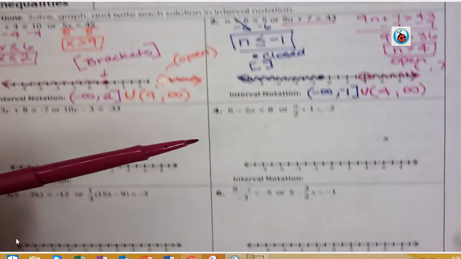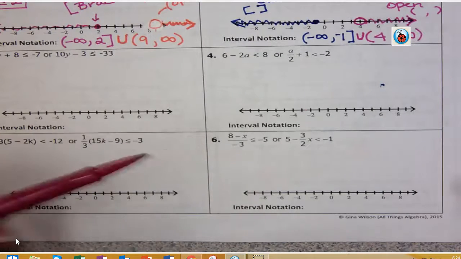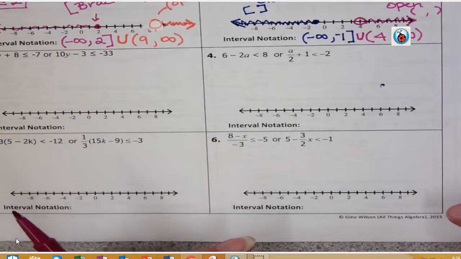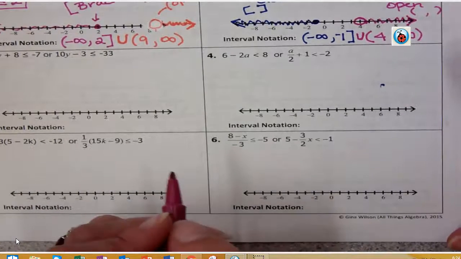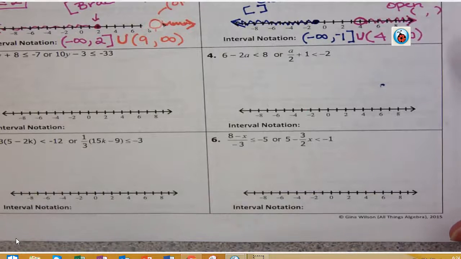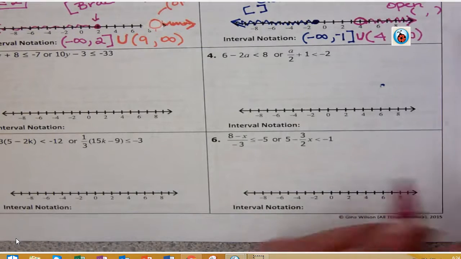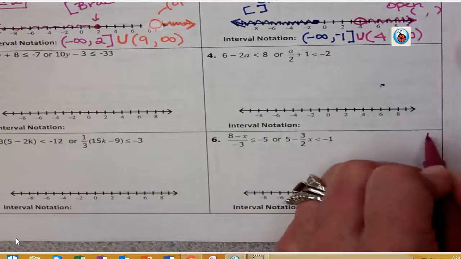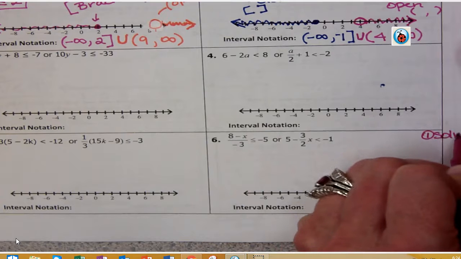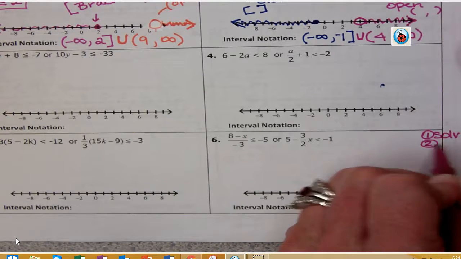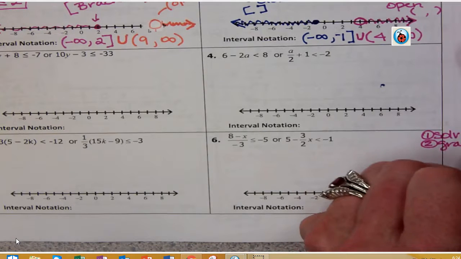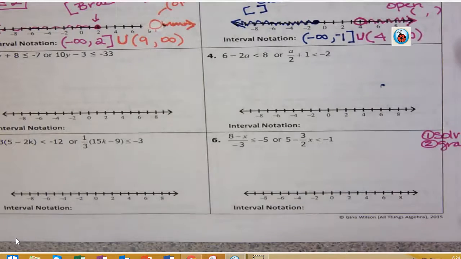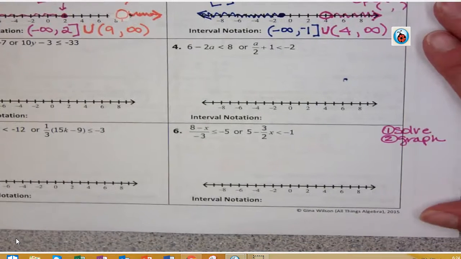So it's really no different. We're just solving the inequality, graphing it on a number line, and then showing it in interval notation. So don't get bogged down in the steps. Just solve, graph, and then figure out your interval notation.